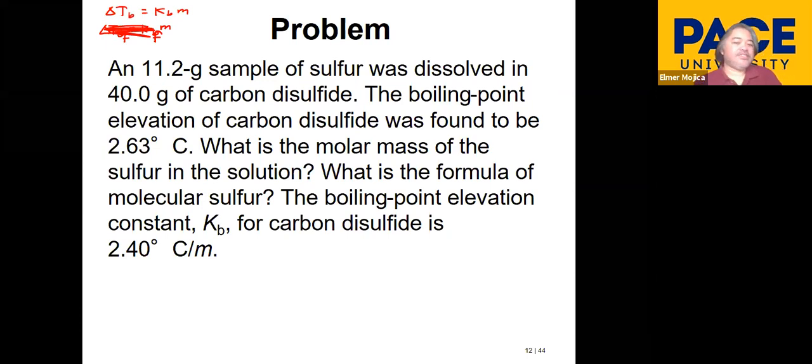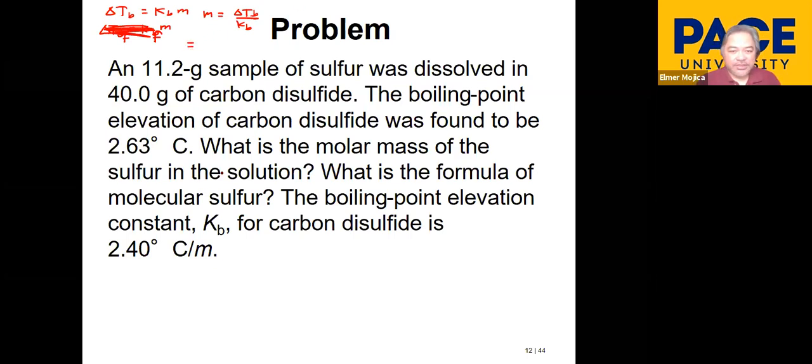So based on this, you don't know the molality, but you can get the molality from the given information. The molality is just equal to delta TB over KB. So what is delta TB?